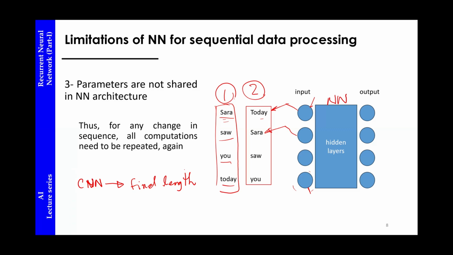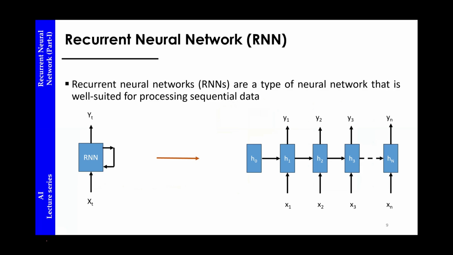How to deal with these challenges? The solution is using recurrent neural networks. In recurrent neural networks, we have an input like xt. xt could include different features, for example, x1, x2, x3 to xn.